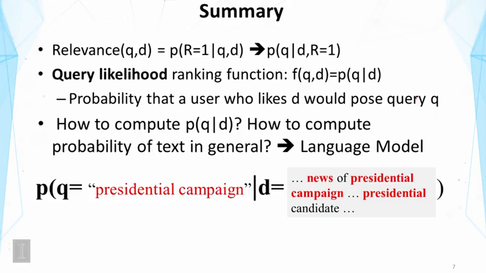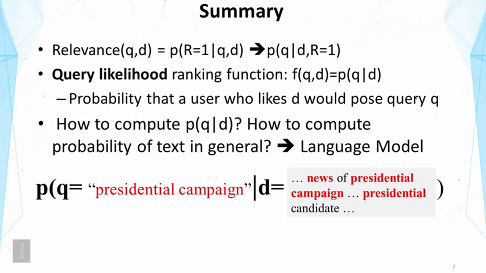So to summarize, the general idea of modeling relevance in the probabilistic model is to assume that we introduce a binary random variable R here, and then let the scoring function be defined based on this conditional probability. We also talked about approximating this by using the query likelihood. And in this case, we have a ranking function that's basically based on the probability of a query given the document. And this probability should be interpreted as the probability that a user who likes document D would pose query Q. Now the question, of course, is how do we compute this conditional probability?